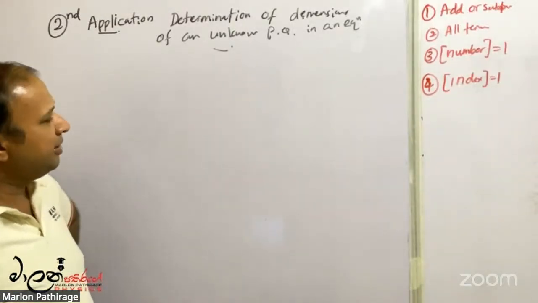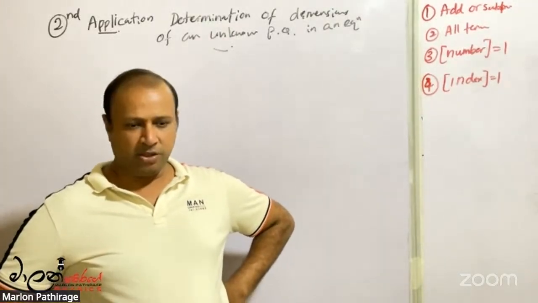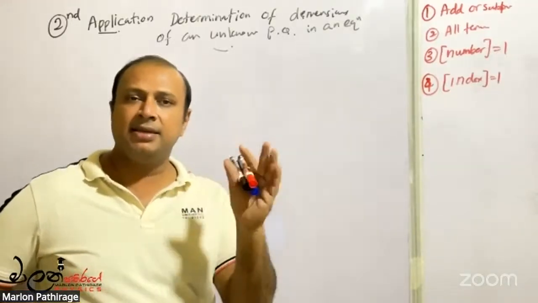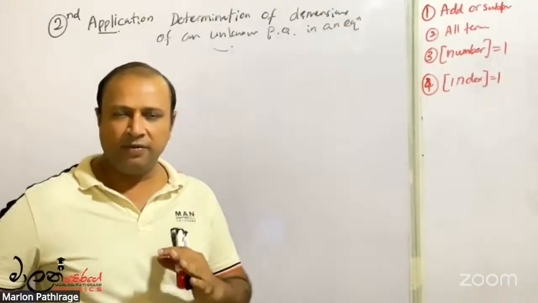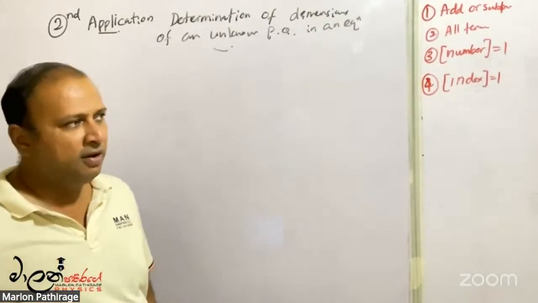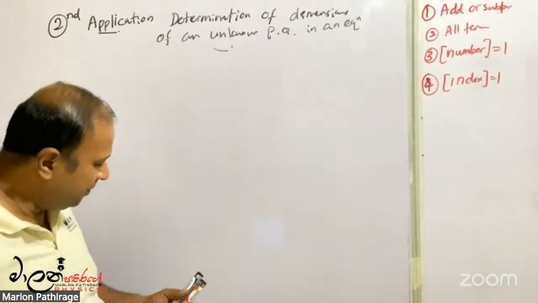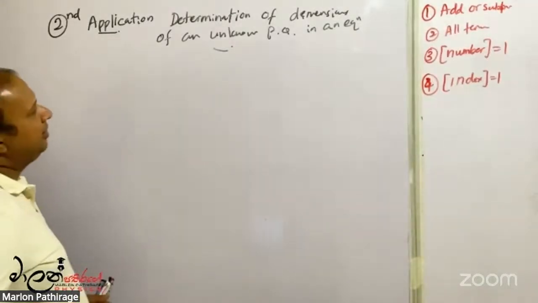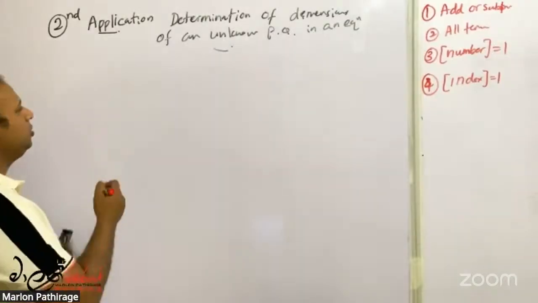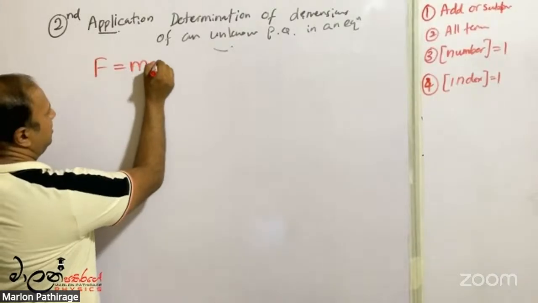This determination can be done according to the given equation. Suppose you are given a single term equation. If you are given a single term equation, it is very easy to determine, because you can make the particular physical quantity the subject. That means suppose you are given this kind of equation: F equals m v c.